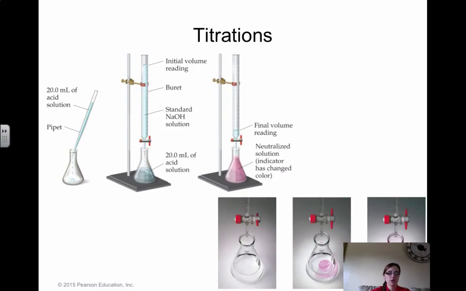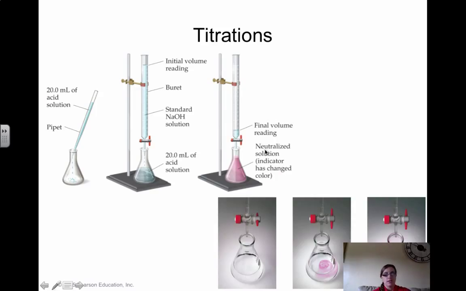So this just shows you some setups for titrations. So what you're going to do to start is you put your unknown solution into a flask. You set up your titration. So in this case we have acid below. We have sodium hydroxide as our titrant. And then you're adding it until it changes color.